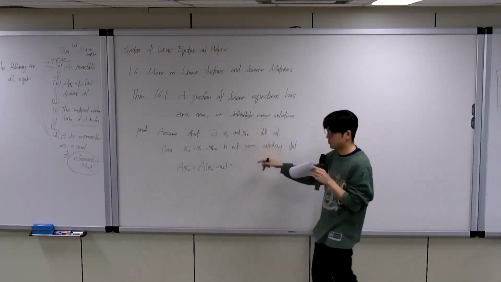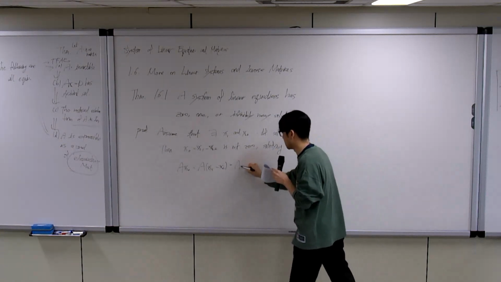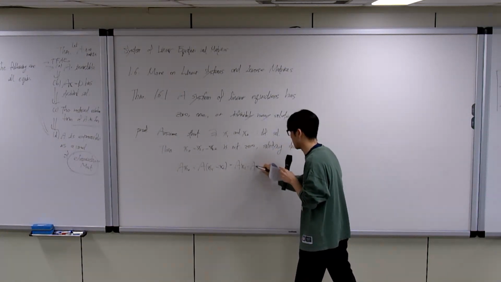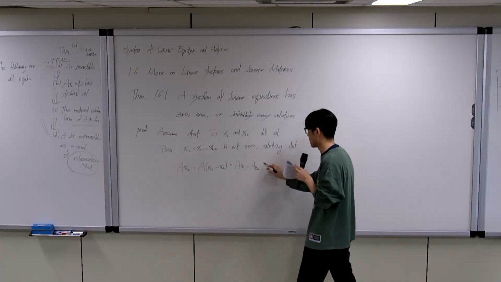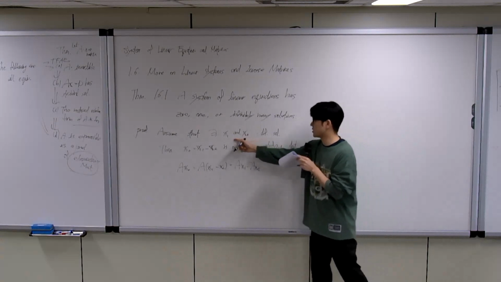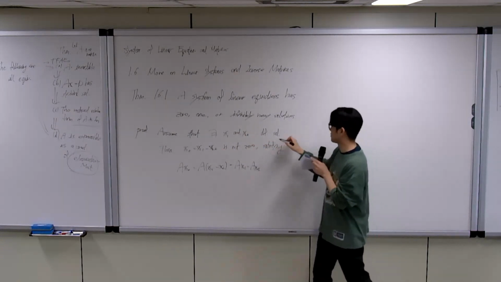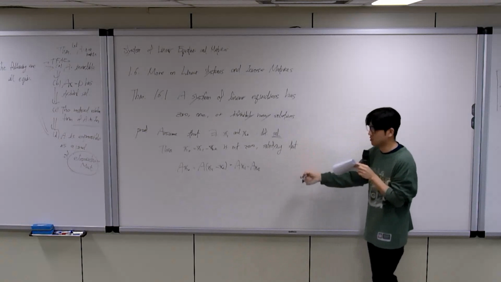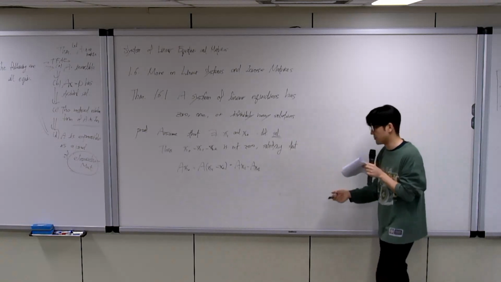By the distribution rule, it is written as A x1 minus A x2, and both are solutions of the linear system.